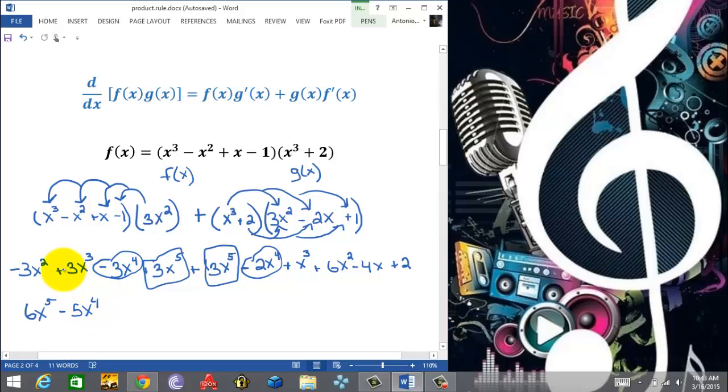Okay, now I'm looking at powers of 3, or a third power, so I have 3x to the third power, one more x to the third power here, so that would be 4x to the third power. Okay, now I need to look at the power of 2, or squared. I have a negative 3x squared, and I have a positive 6x squared.